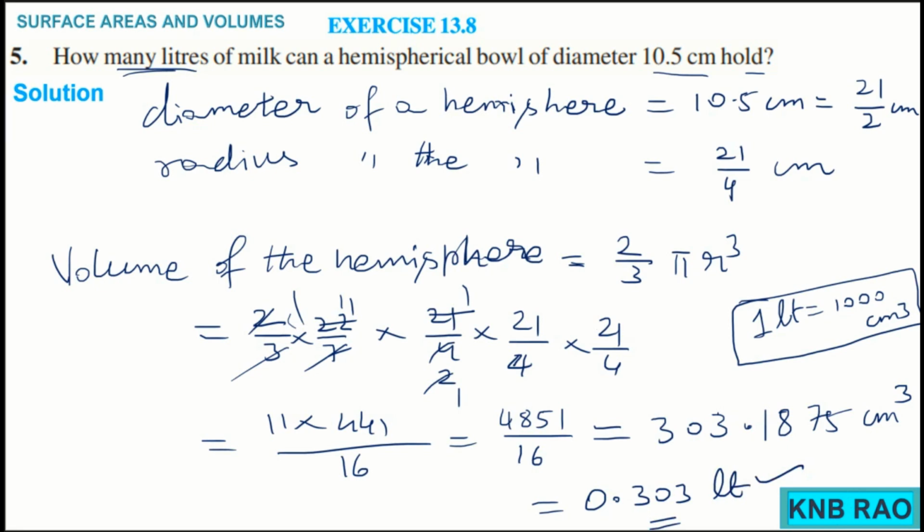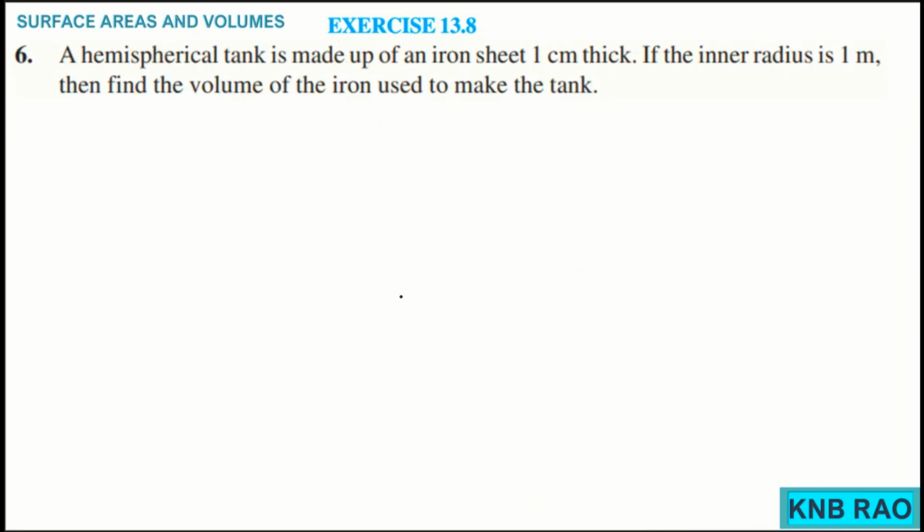Moving on to question number 6. A hemispherical tank is made up of an iron sheet 1 centimeter thick. If the inner radius is 1 meter, then find the volume of the iron used to make the tank.